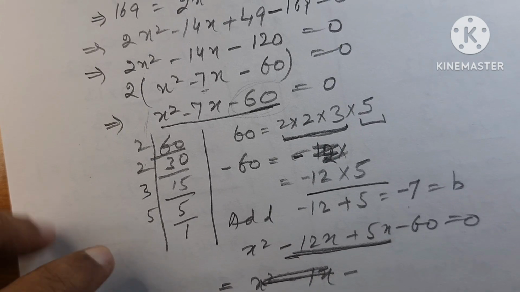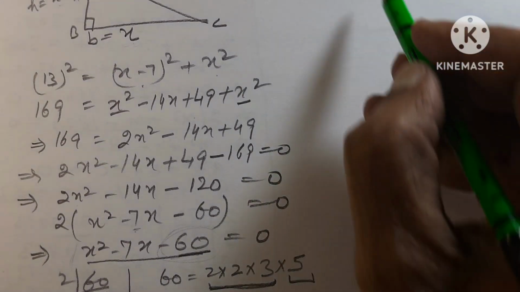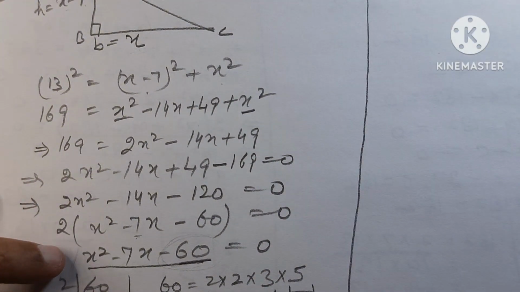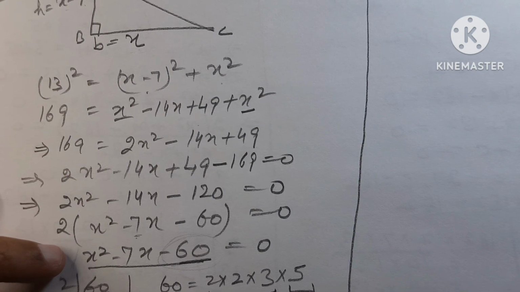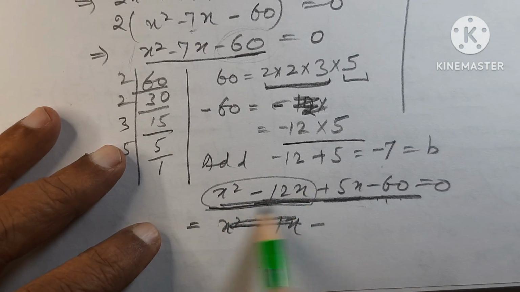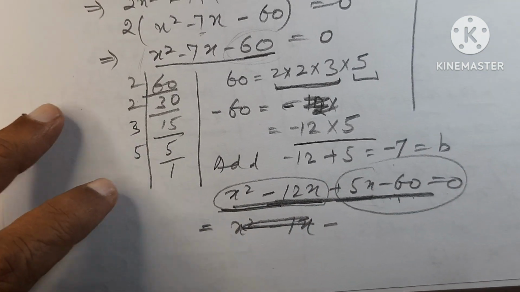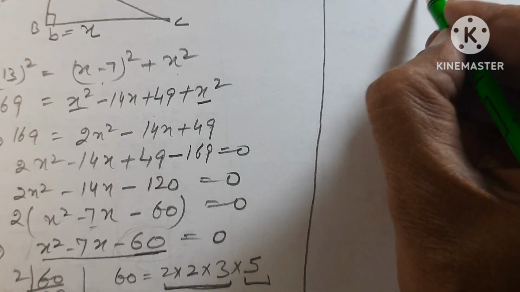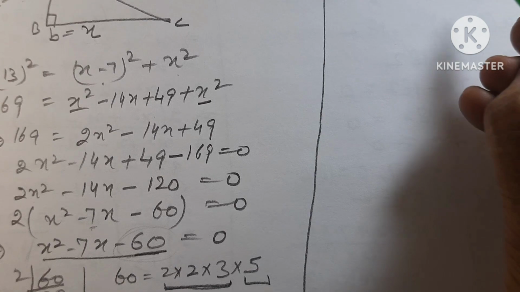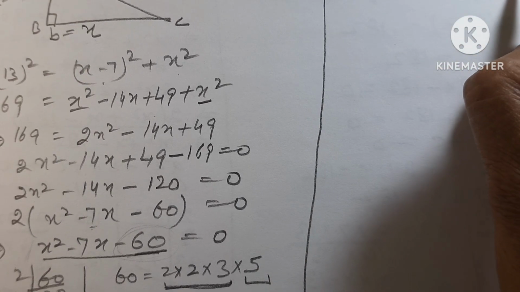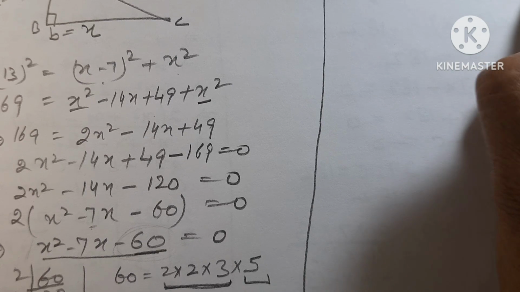Now the next step is, we'll take out whatever is common out of these two and whatever is common out of these two. So x is common, x minus 12, and here 5 is common, plus 5 into x minus 12.